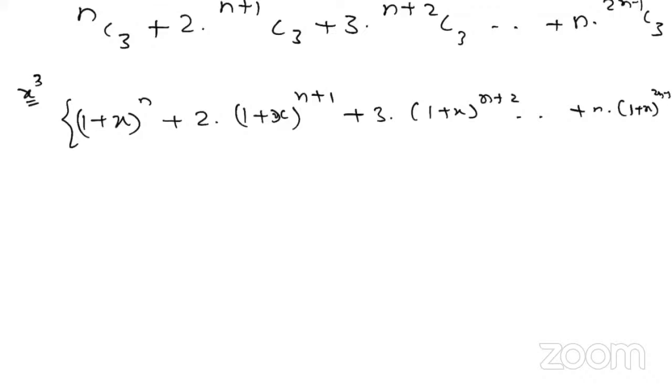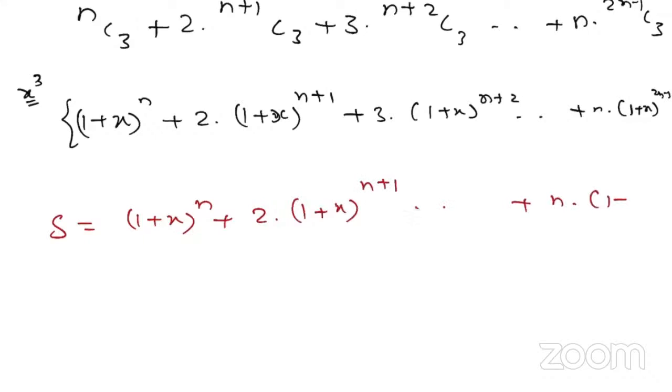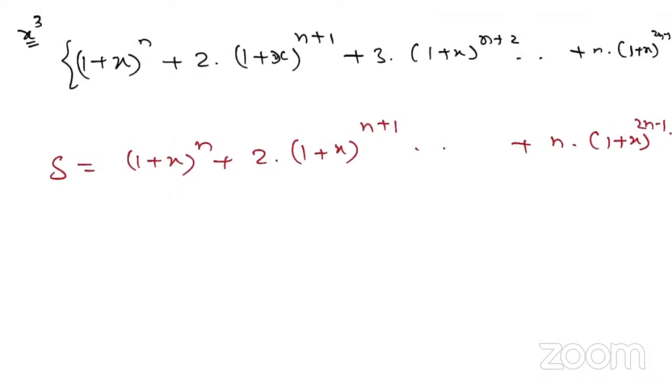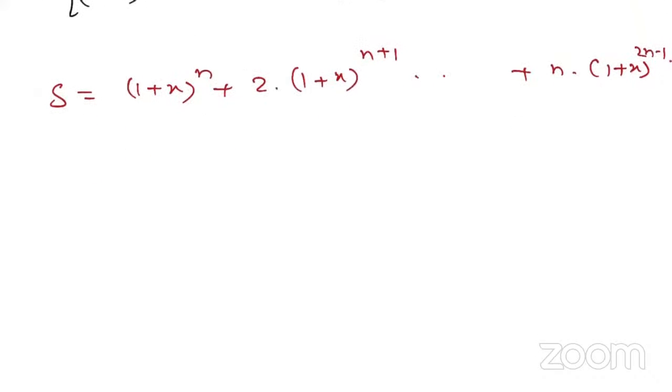We have to find the series only, right? S is equal to 1 plus x to the power n plus 2 into 1 plus x to the power n plus 1 up to n into 1 plus x to the power 2n minus 1. It's simply an AGP series.